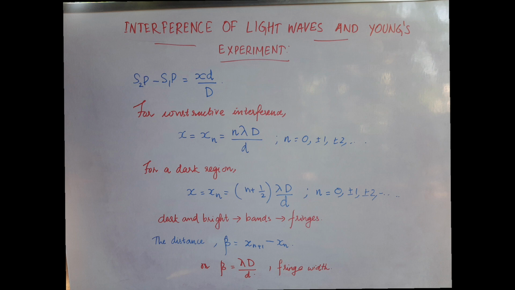So you can say it is a bright region, and x equal to xn is equal to n lambda D by d. And if destructive interference is happening there, it is a dark region. So x equal to xn is equal to n plus half into lambda D by d. So you will get these two values.